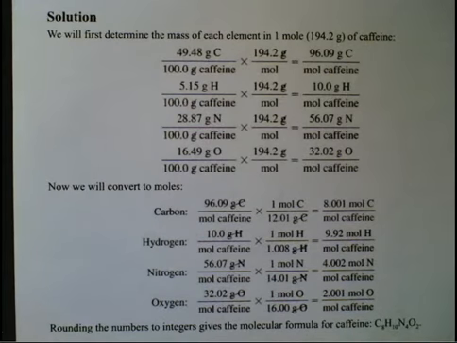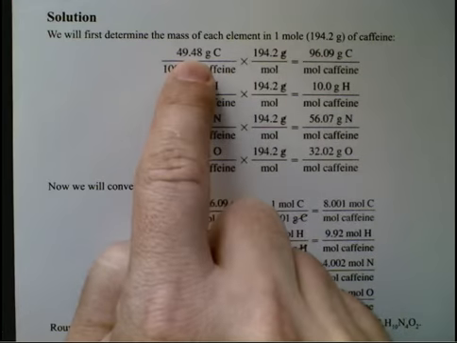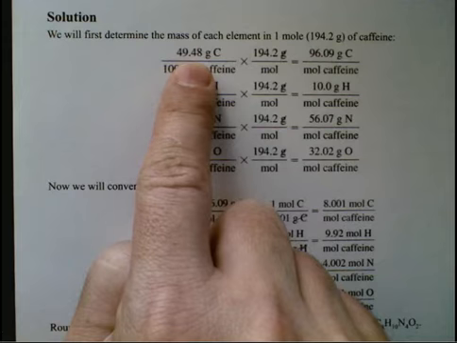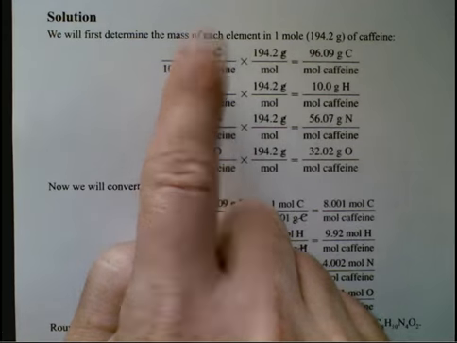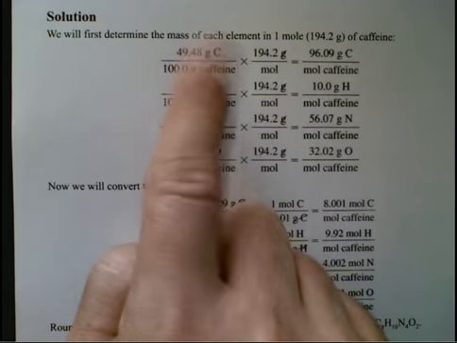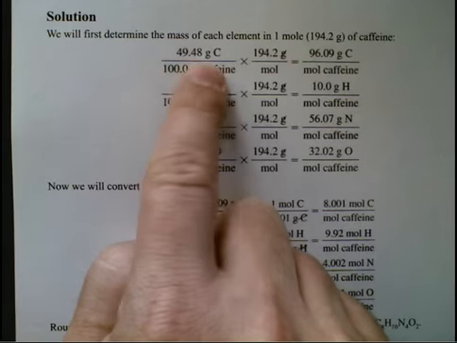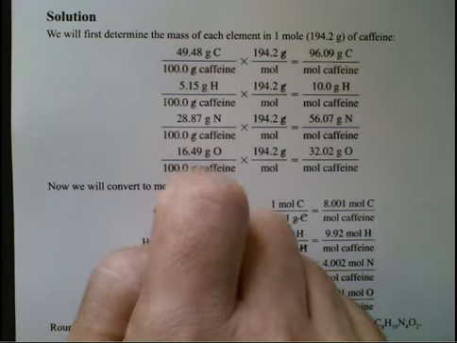We first determine the mass of each element in 1 mole of caffeine. Remember, we've already been given the molar mass of caffeine as 194.2 grams per mole. The percent of carbon was 49.48%, so per 100 gram sample of caffeine, 49.48 grams of it is carbon.